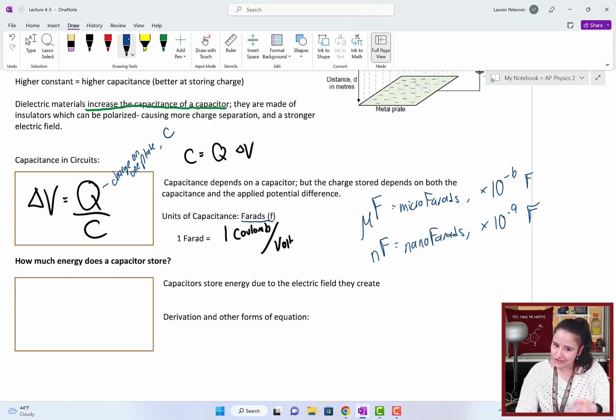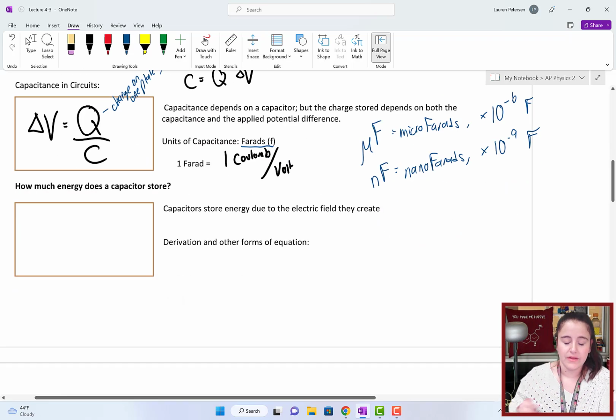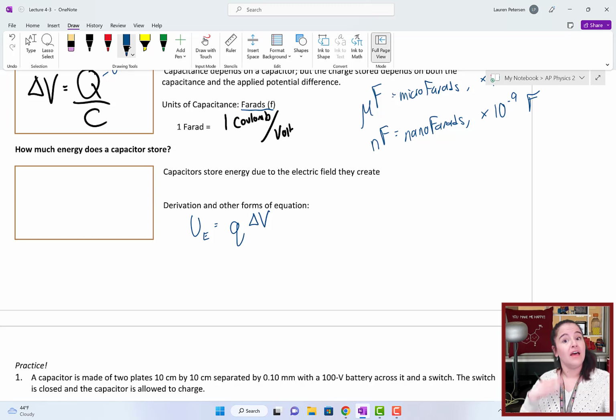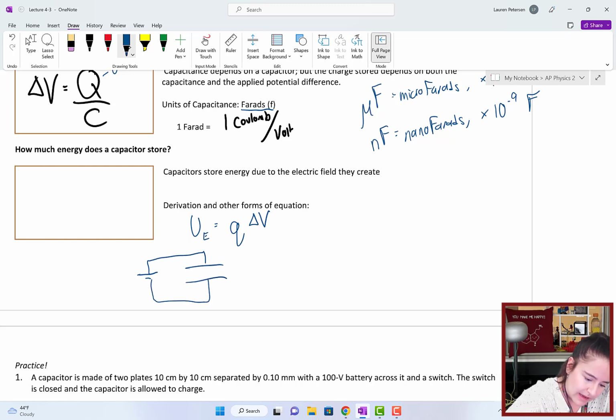Now, for the energy stored on a capacitor, it's stored in that electric field. You might remember from our electrostatics unit that the potential energy of an electric field equals Q times delta V, that voltage that you have to apply. If we apply this to a capacitor, we have some voltage of the battery, and it is going to push that charge onto the capacitor, and that's going to repel charge here and flow there.